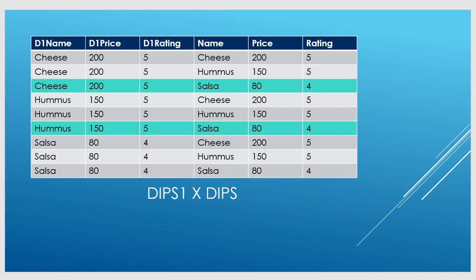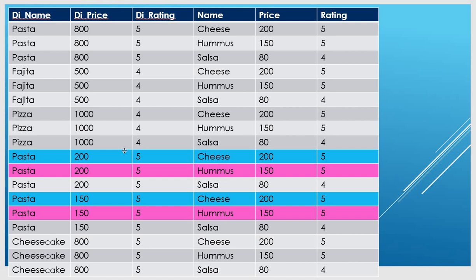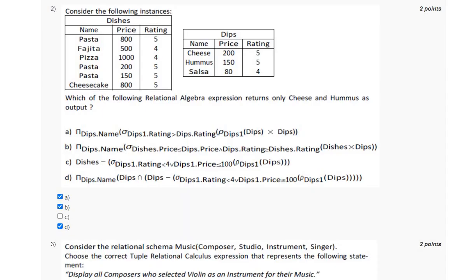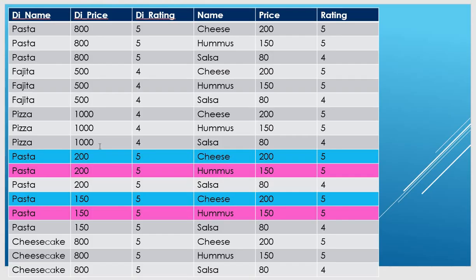So the Cartesian product of dishes and dips will be as follows, and from these the highlighted rows will be returned as the output, and from these we have to select the dips name. So it will be cheese and hummus. Here di underscore name is for the dishes name, and di underscore price is for dishes price, and similarly the rating is for dishes rating.